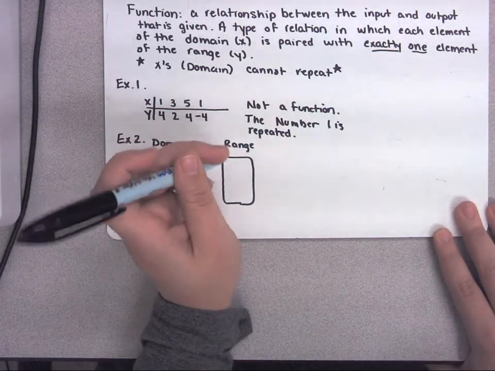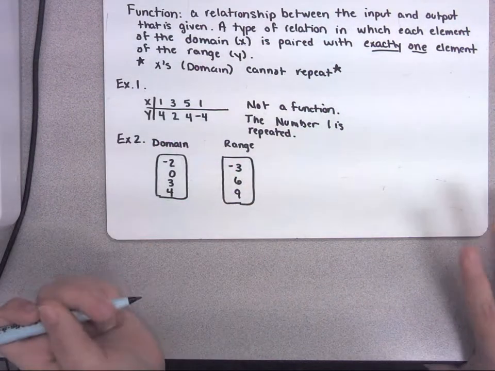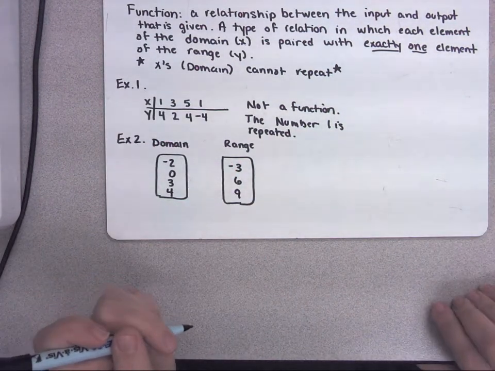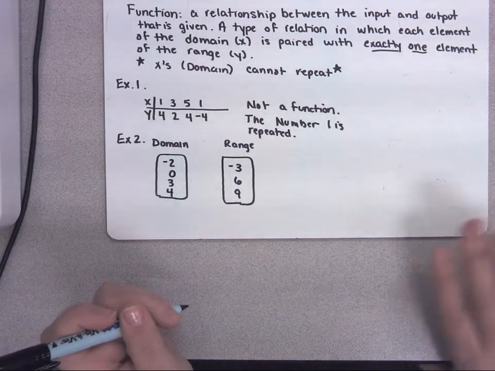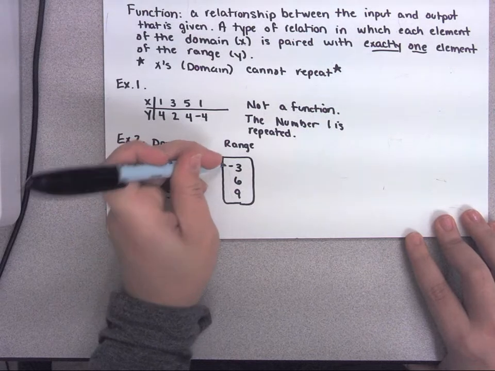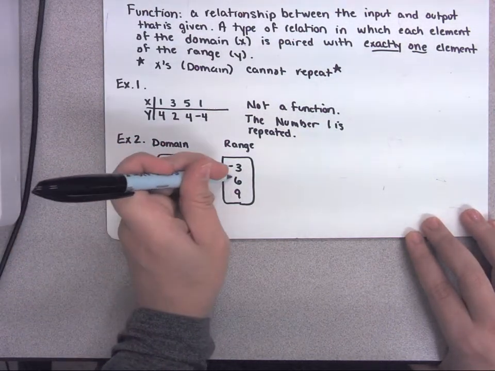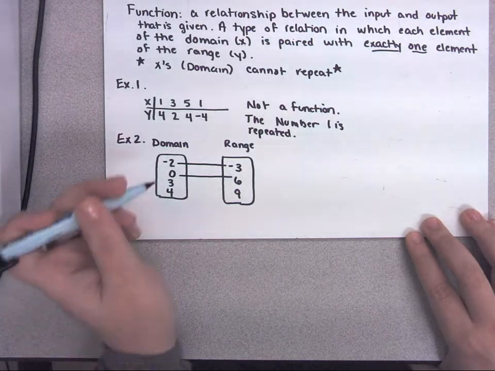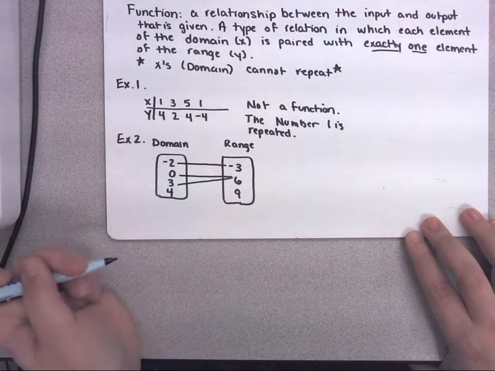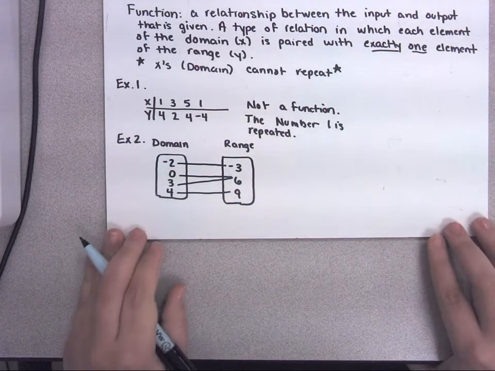My range numbers are -3, 6, and 9. So right now you don't know, right? Because a map, it's all about the lines, isn't it? Okay, let's draw some lines. First one is going to be -2 to -3, 0 to 6, 3 to 6, and 4 to 9.